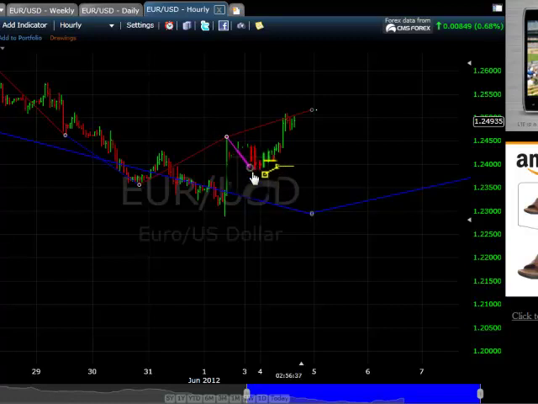Come in here to this low point here, and we will see respecting of the angle coming up through here. Bang. Again, in this inversion, we have the respecting of the angle. There's superior respect right in here. As you can see, the price is actually following up that line.